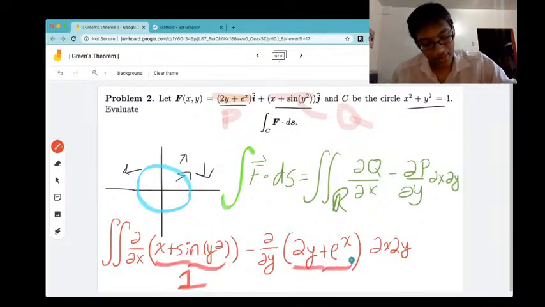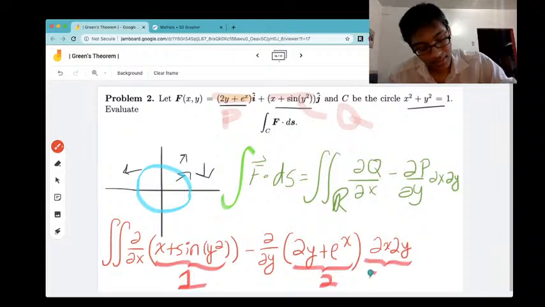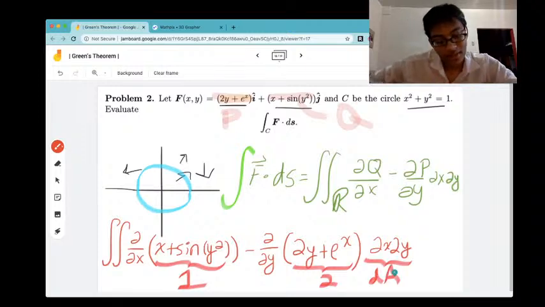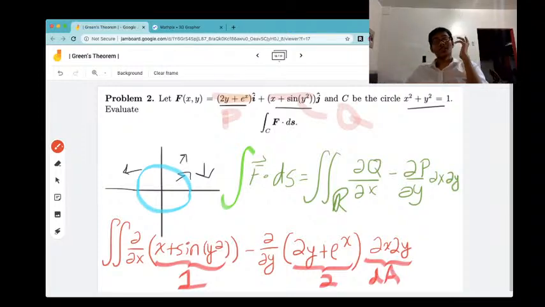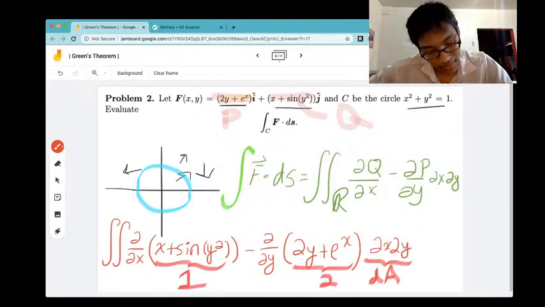And I'm fairly sure that's it, right? And just to simplify matters, why don't we write this as dA? Okay, so I'll have 1 minus 2, which will give me minus 1, right?